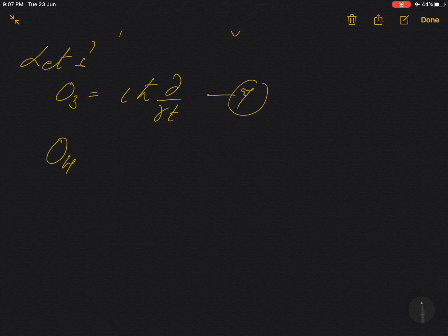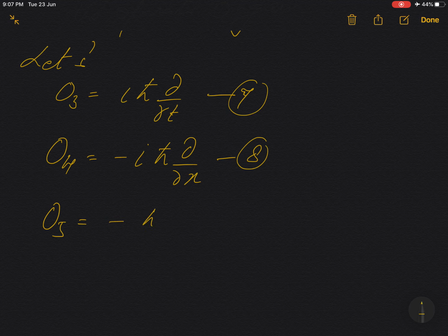Similarly, there is one more operator O4, which is minus i h cross del by del x. That is equation number 8. There is one more operator O5, which is minus h cross square del square upon del x square upon twice m. This I am calling equation number 9.